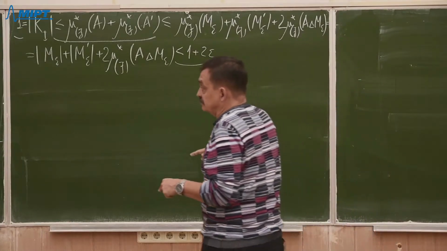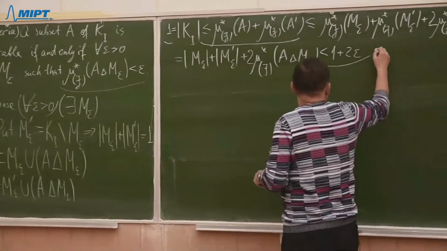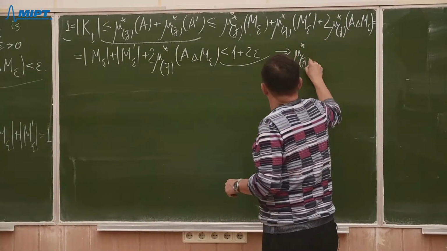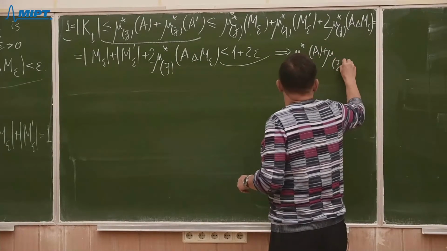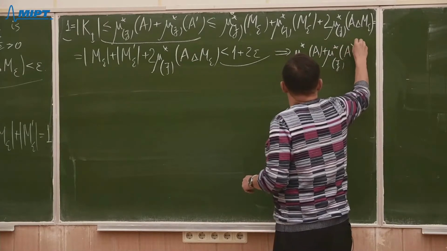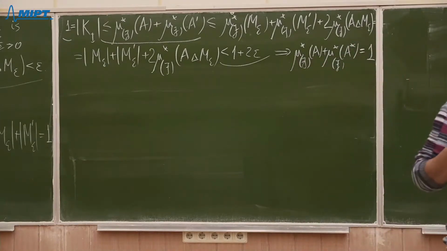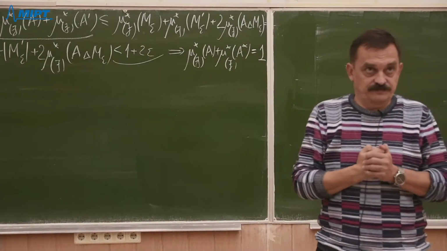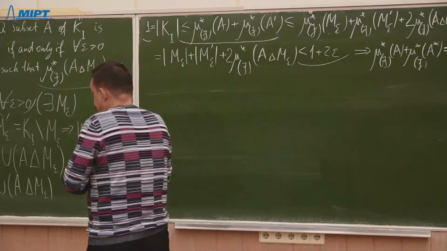Since this is true for arbitrary epsilon greater than 0, it follows that the sum of those outer measures is equal to 1. And that is precisely what we wanted to prove, because that is the definition of measurability. So the sufficiency part is done.